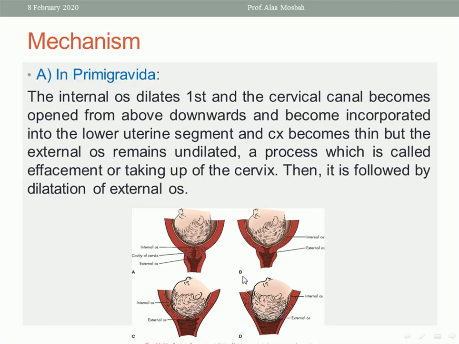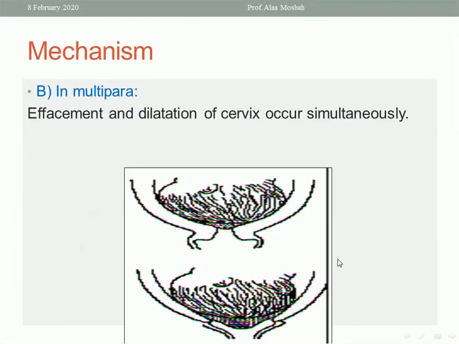So in primigravida, the internal os opens early and effacement happens, then the external os opens at the end. While in multipara, effacement and dilatation of the cervix occur simultaneously. As in this picture, this cervix is not yet effaced, then becomes effaced and dilated at the same moment.